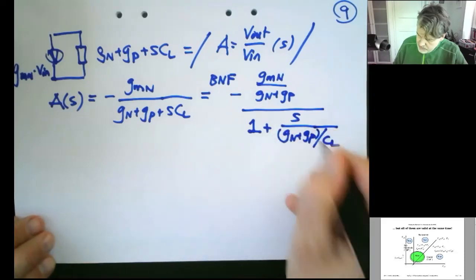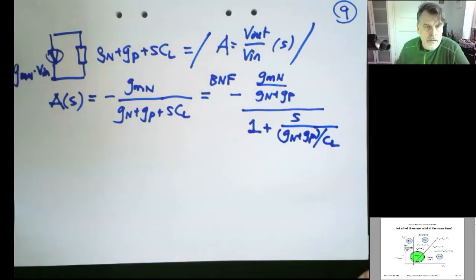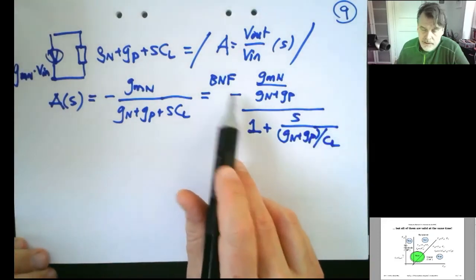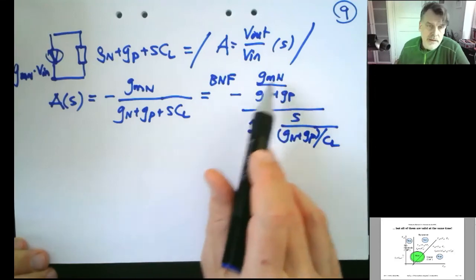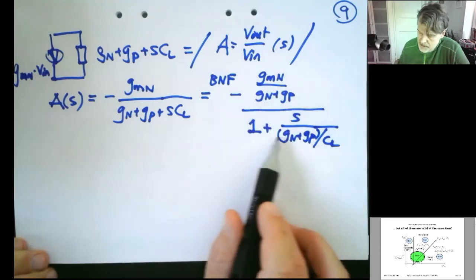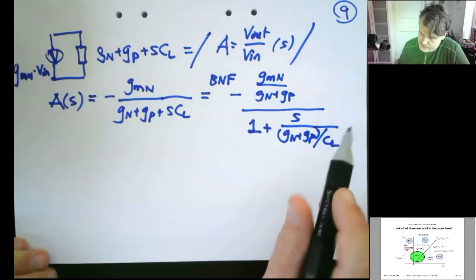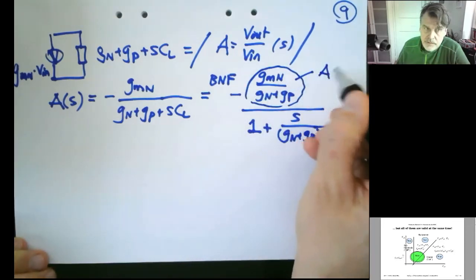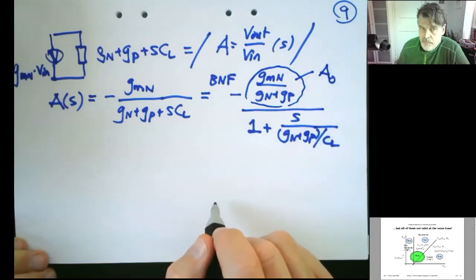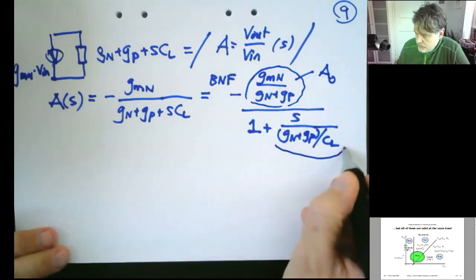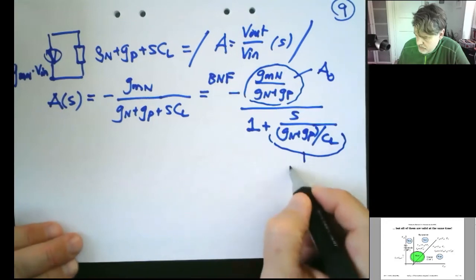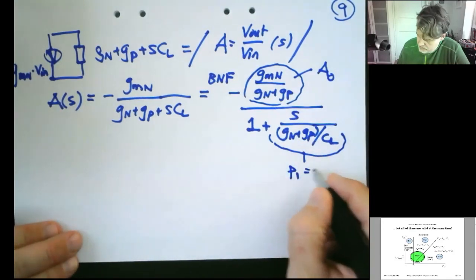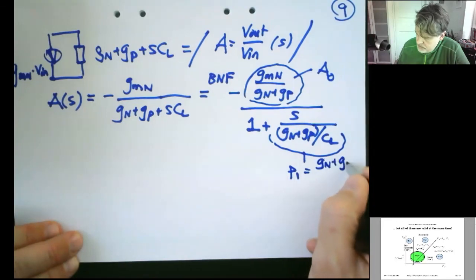So I'm writing that in a slightly awkward way. But the nice thing now with Bode's normal form is that we can identify the DC gain directly in the expression and the pole directly here. So that's my DC gain, A0. This is my pole down here, P1. So that's equal to GN plus GP over CL.